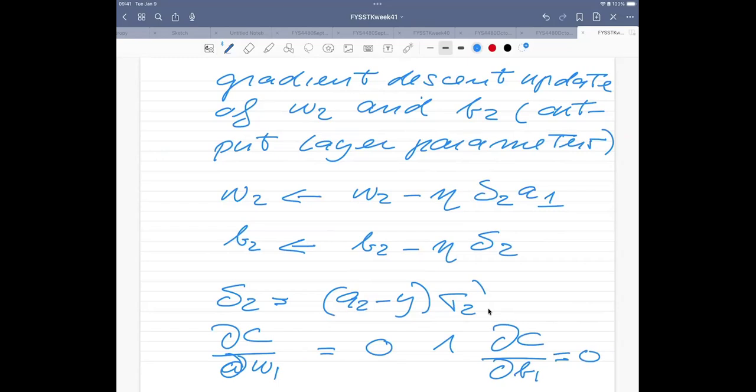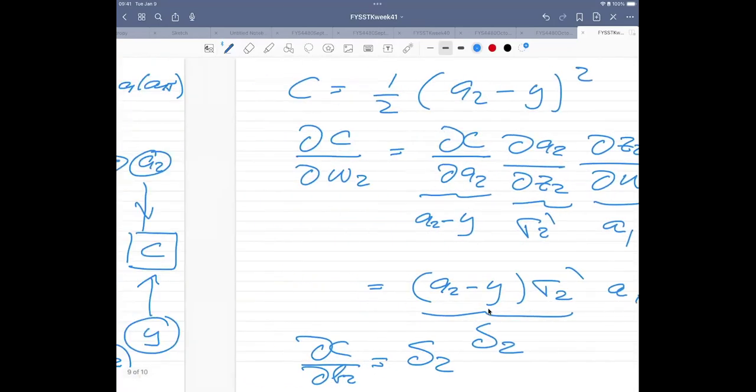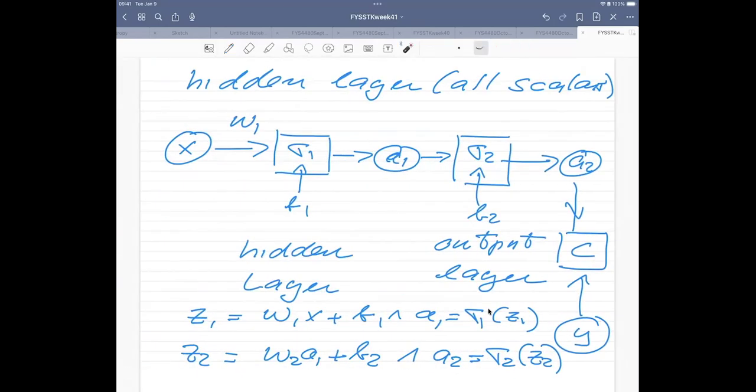So this is the next set of parameters which we need, and it shouldn't come as a surprise that when we are finding these derivatives, we need to use the chain rule. So let's now go back to the graph which we made. We found the derivatives of this cost function with respect to the parameters W2 and B2. But now we need to go back to here and in here.